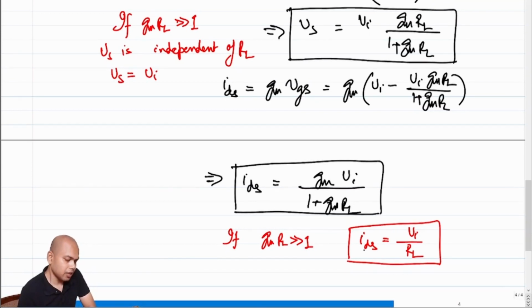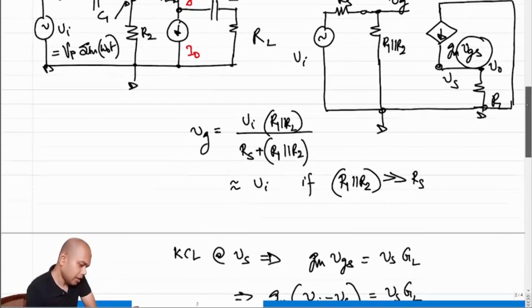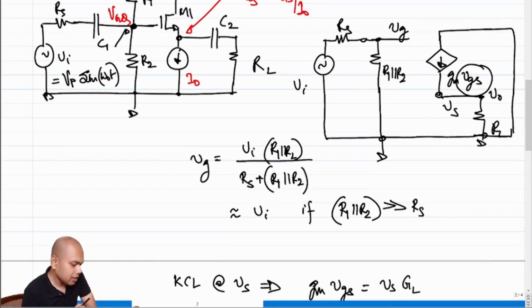It seems like, after doing all these things, the incremental current through the transistor is essentially the input voltage divided by RL, right? So is this only mathematics, or is there a reason behind it? I would like to draw your attention to the fact that there is in fact a reason behind it, and the reason is as follows.